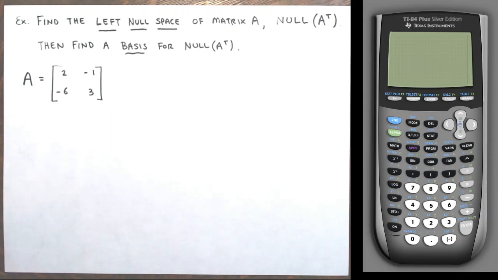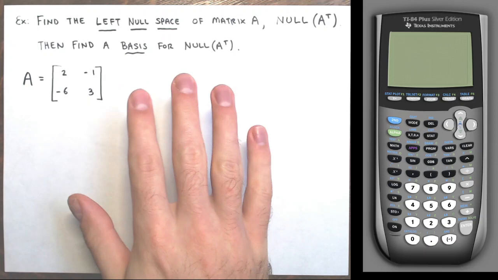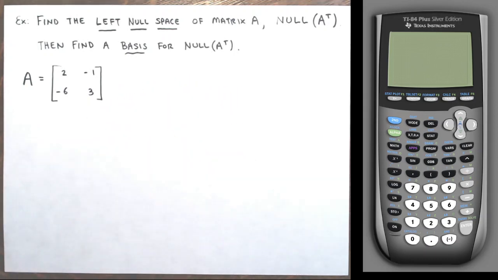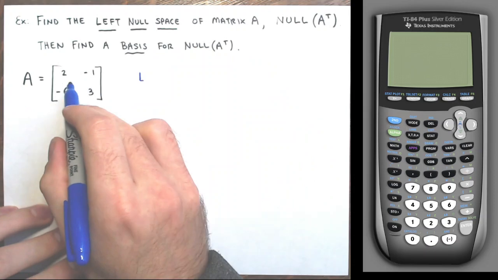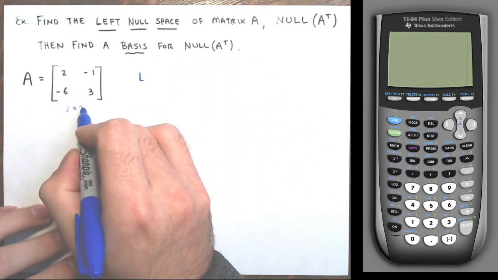Okay, so again, I'm going to show you a couple ways we can go about this, and they're both going to end up giving me the same thing. Remember, we're looking for, so here's A, it's a 2 by 2 matrix: 2, -1, -6, 3.